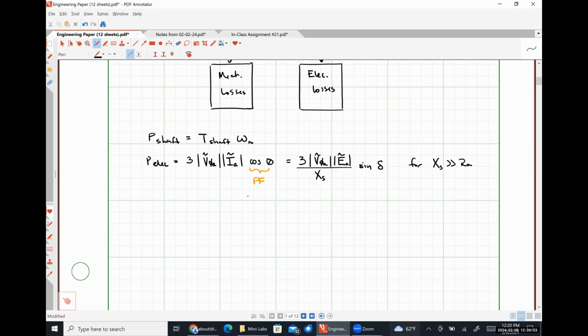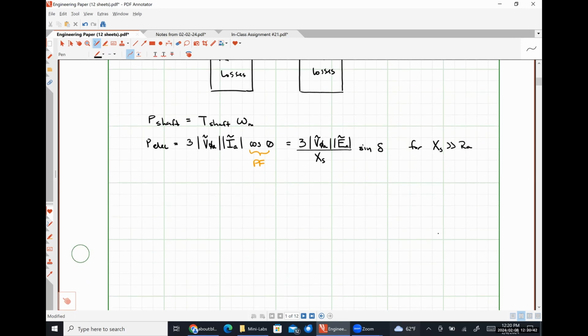So now let's talk about the developed power that's going on for the energy conversion, okay? So our developed power, PD, can be expressed as our developed torque times omega m.